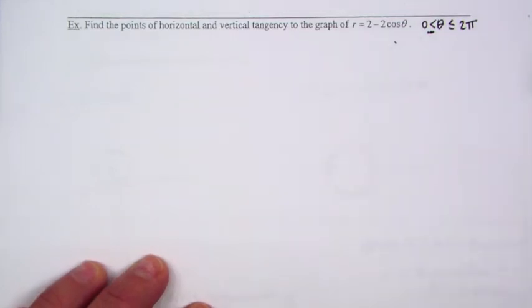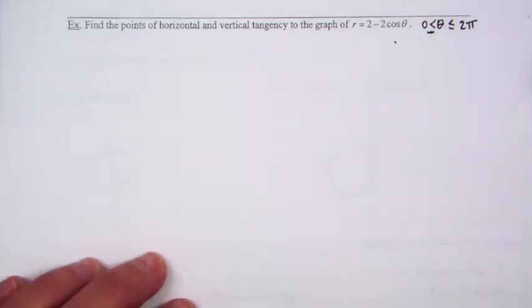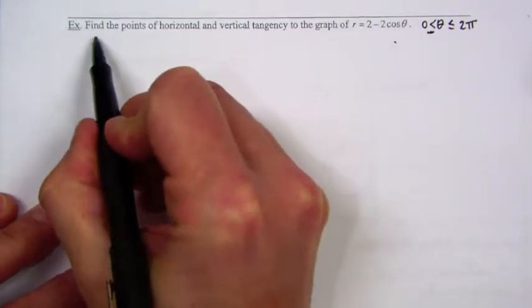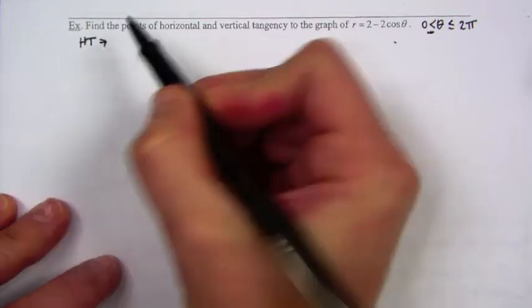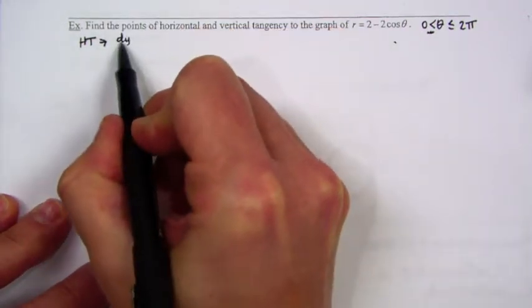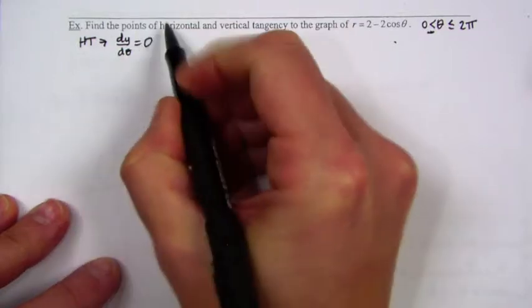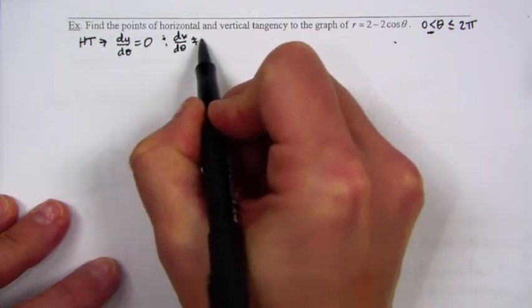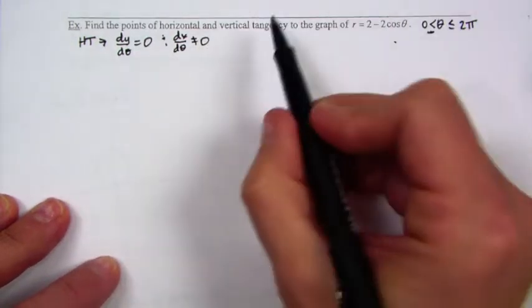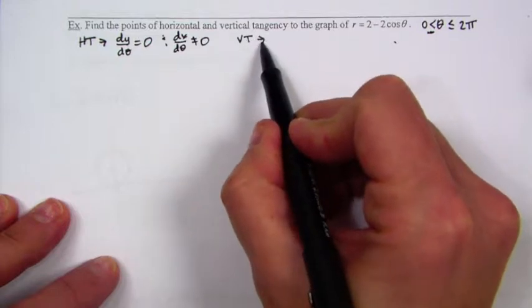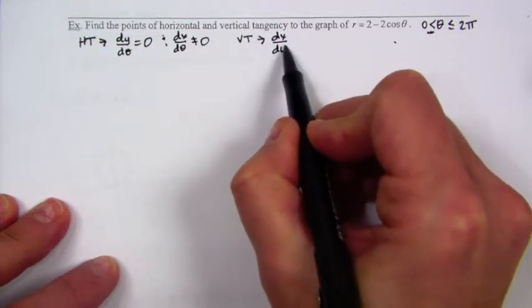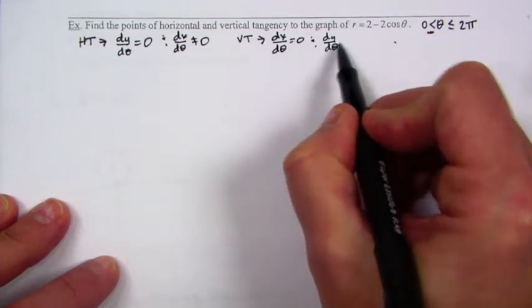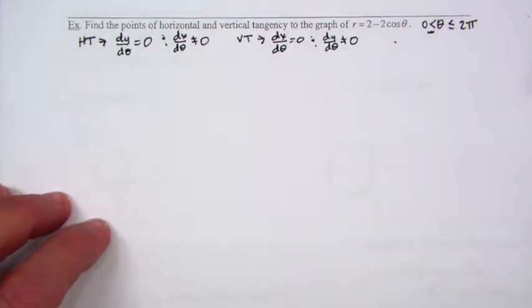So now I need to think about the algebra and calculus involved there. I know that if I'm dealing with horizontal tangency, I'm looking for where dy d theta equals 0 and dx d theta does not equal 0. And for vertical tangents, I would be looking for where dx d theta equals 0, dy d theta doesn't equal 0.